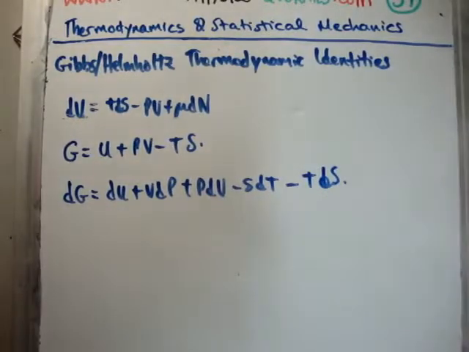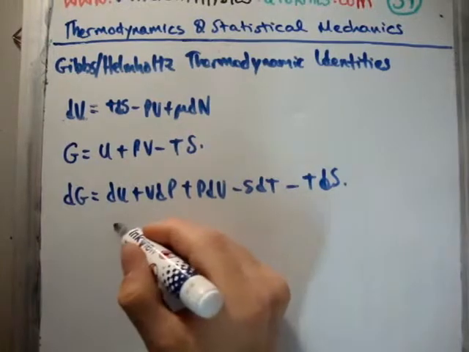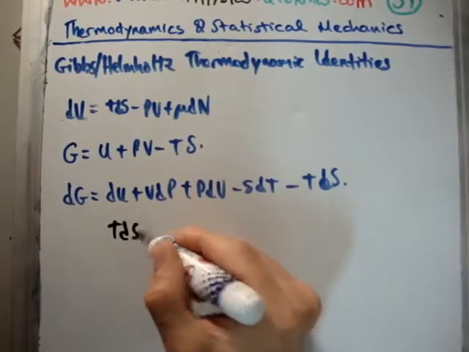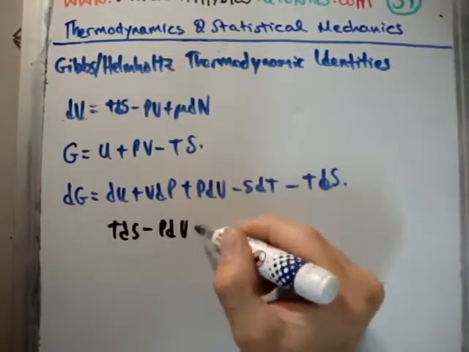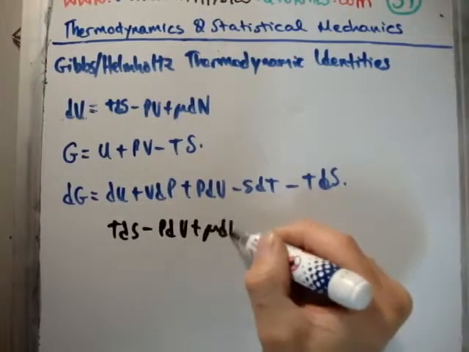Once again, we're going to plug in for our dU, so we get TdS minus PdV plus mu dN.